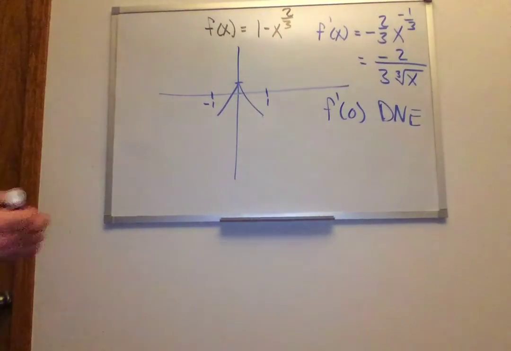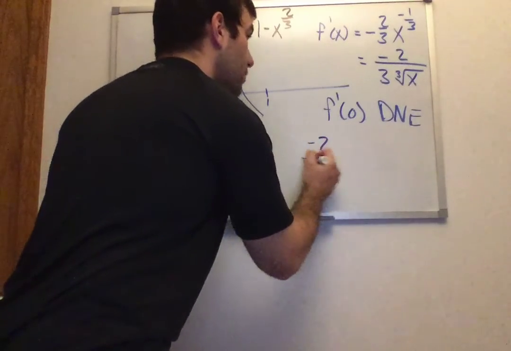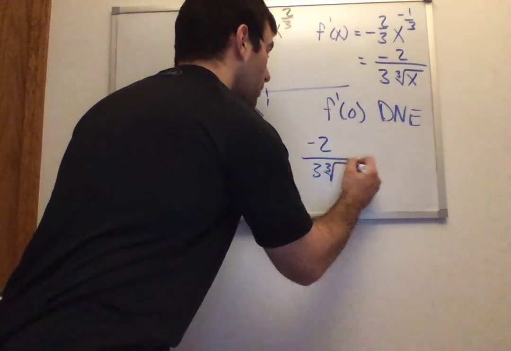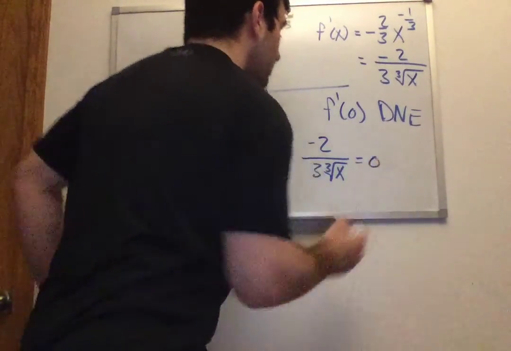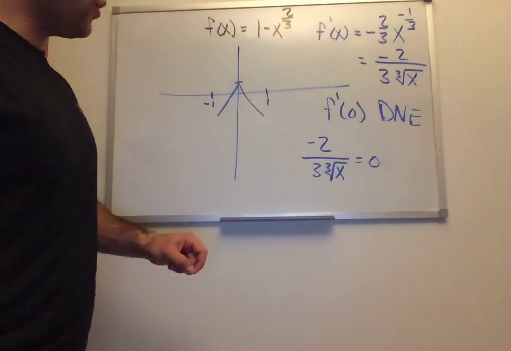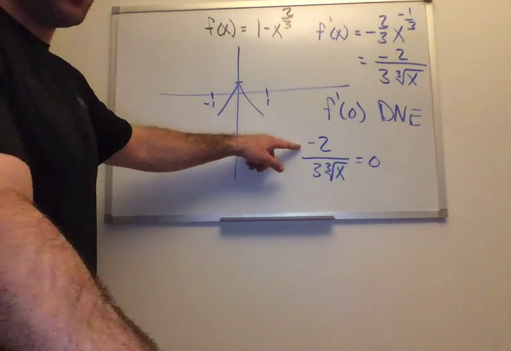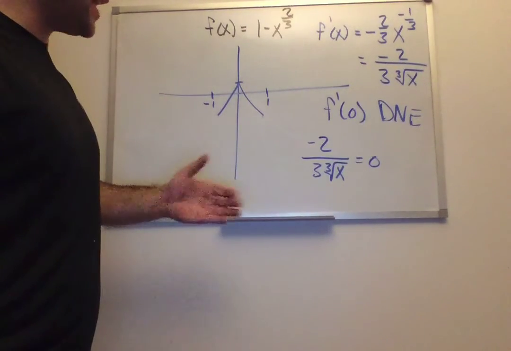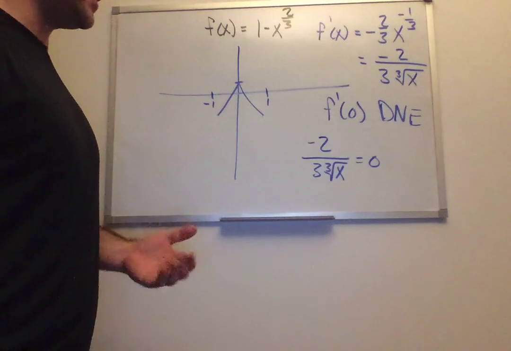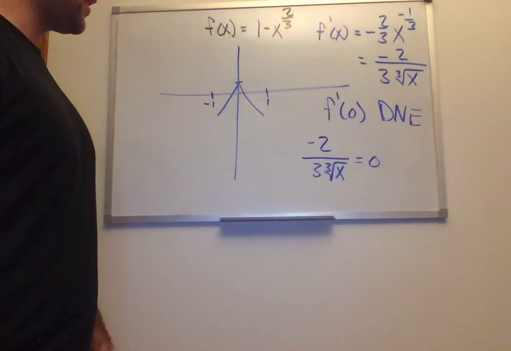Not only that, if we were to try to take this function, -2 over 3 cubed root of x, set it equal to 0, since it's a rational function, the only way a rational function can be 0 is if the numerator is 0. Well, the numerator is -2. Is -2 ever 0? It is not. So we cannot find any critical numbers.